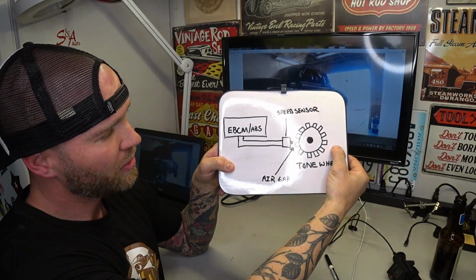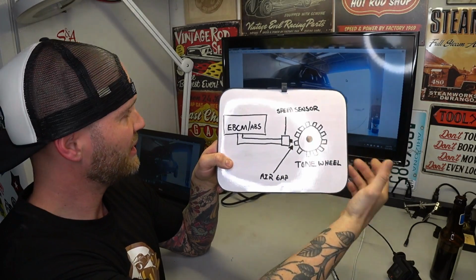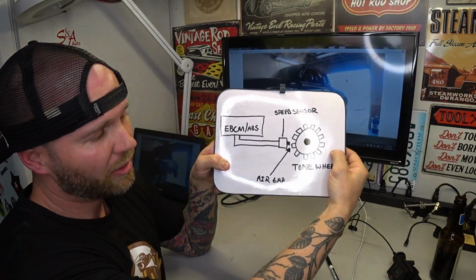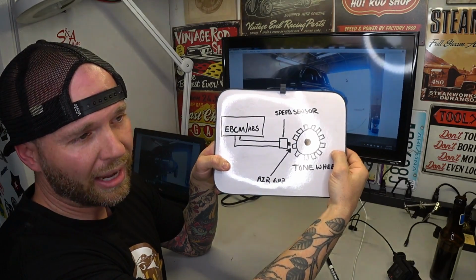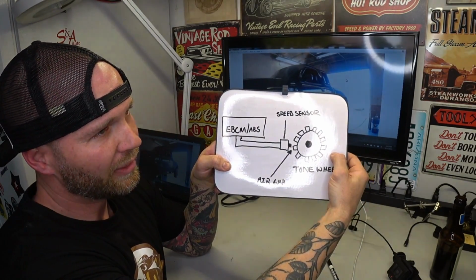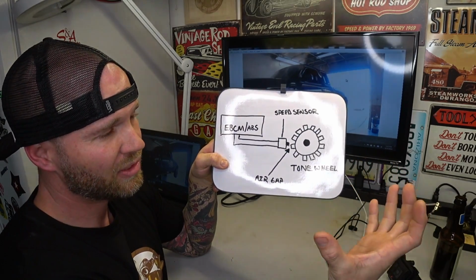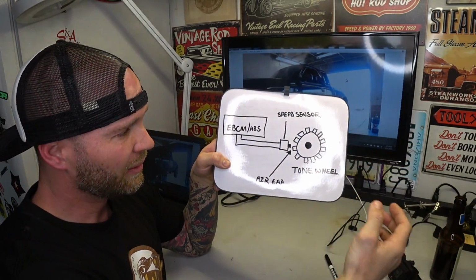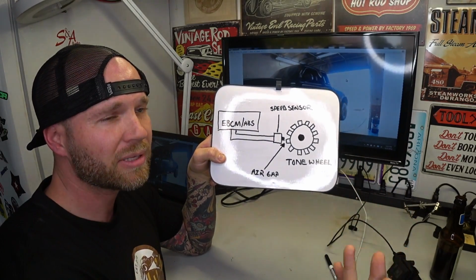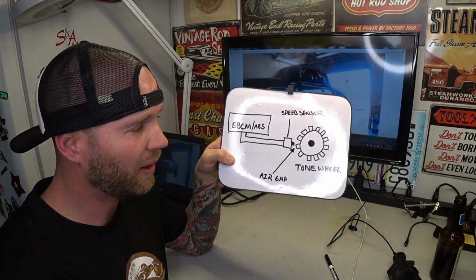We have the tone wheel. The tone wheel is mounted, in this case, on the rotor. On other vehicles, it can be mounted on the ABS, or on the actual axle shaft, the CV joint. It can be inside of a hub assembly if it's a sealed bearing.